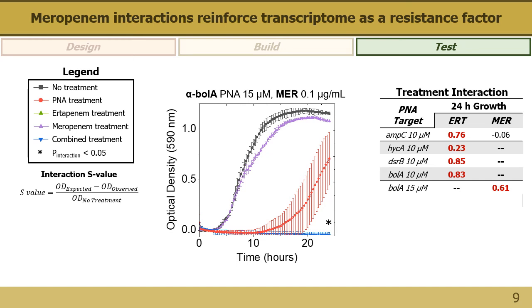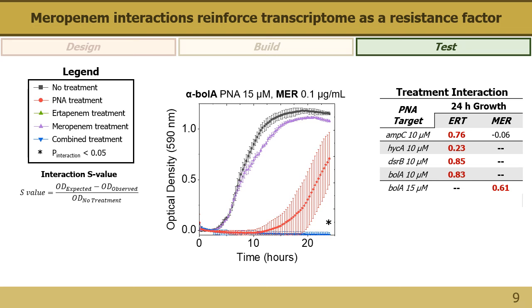The next really exciting result that we got was with the 2 genes that we found to be downregulated in response to antibiotic challenge. What we wanted to see was if we knock these genes down using PNA, can we restore antibiotic resistance in this strain at inhibitory concentration?